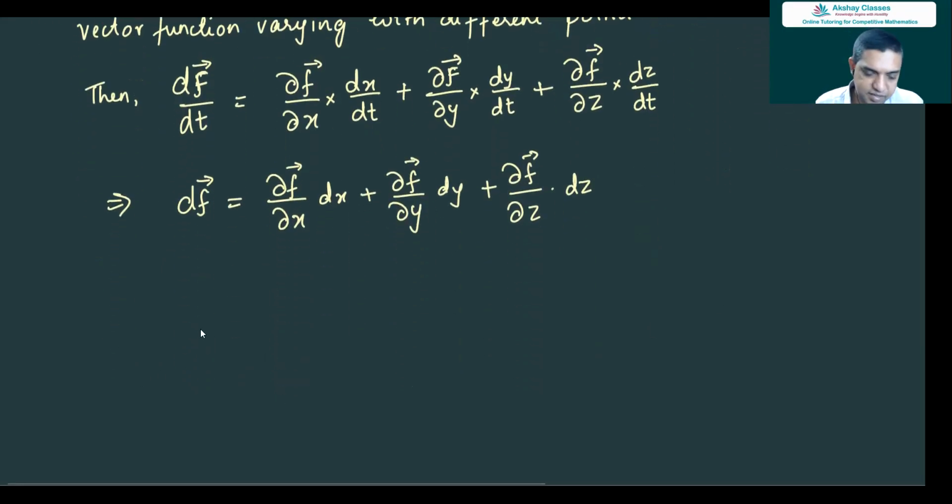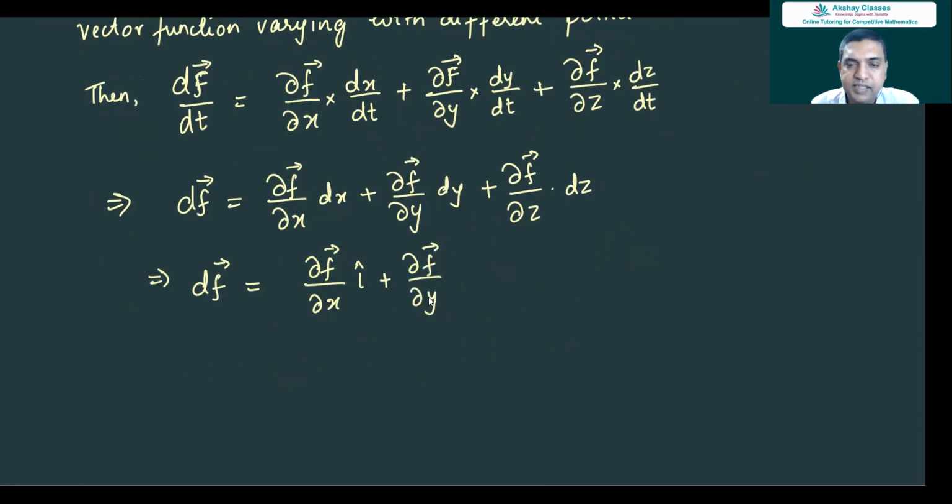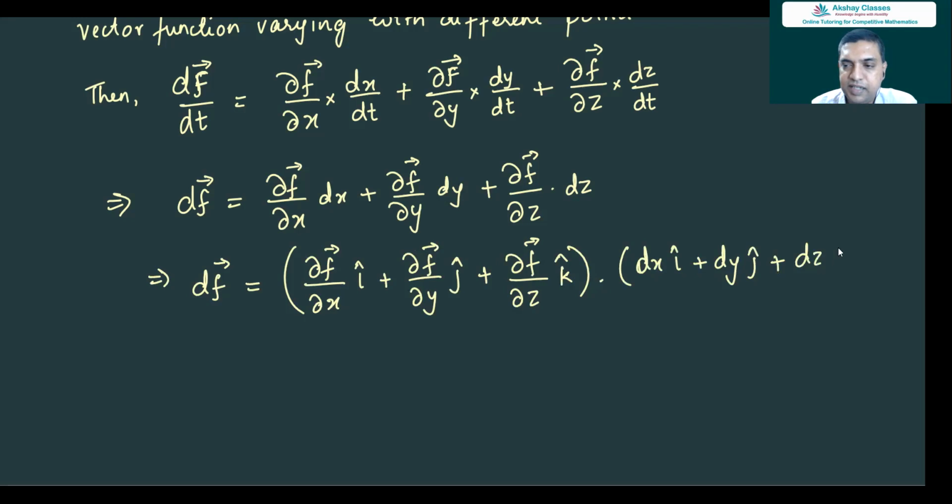We can rewrite this as dou F by dou x i cap plus dou F by dou y j cap plus dou F by dou z k cap, dotted with dx i cap plus dy j cap plus dz k cap.